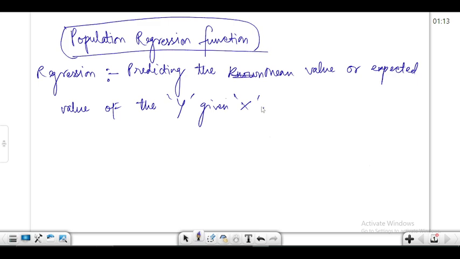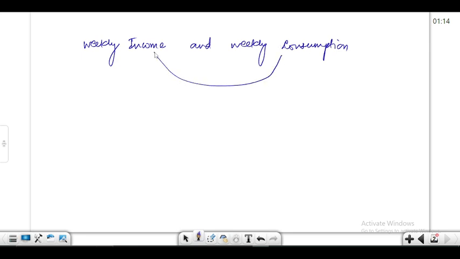We'll try to understand through an example what this line actually means. We'll take the case of the dependence of weekly consumption upon weekly income.